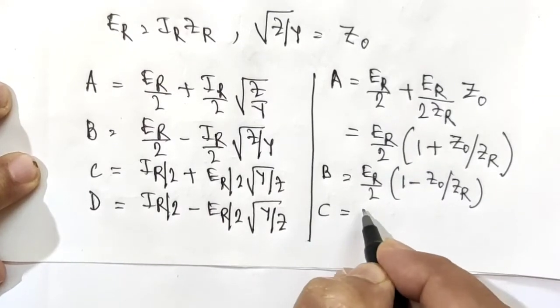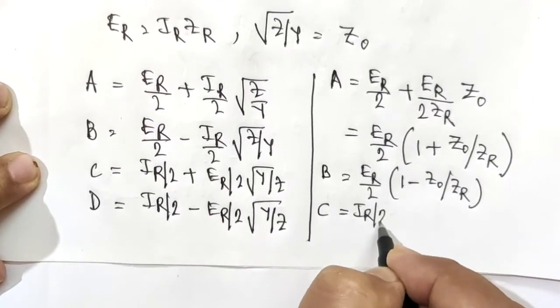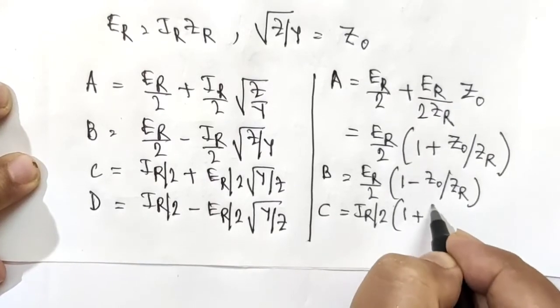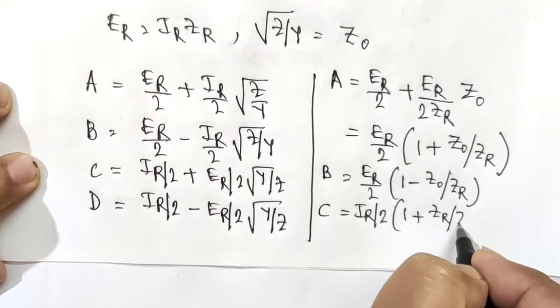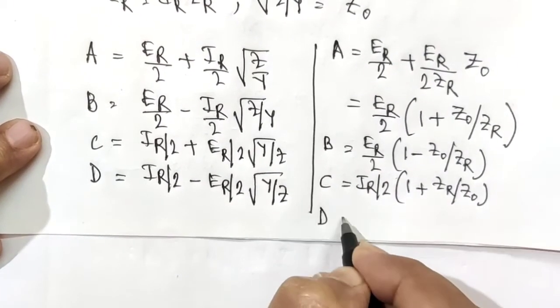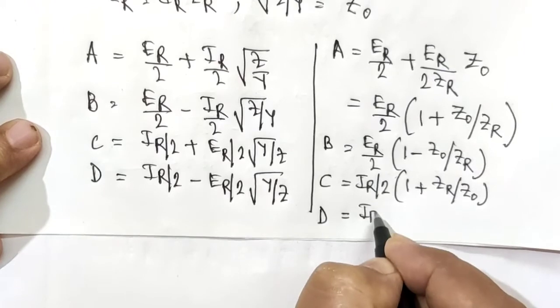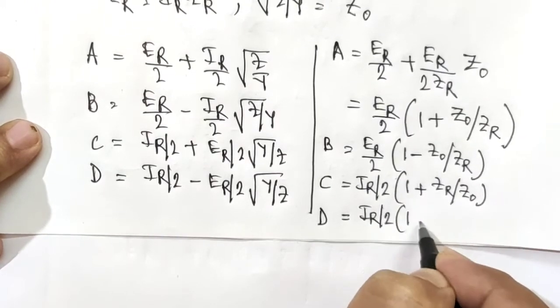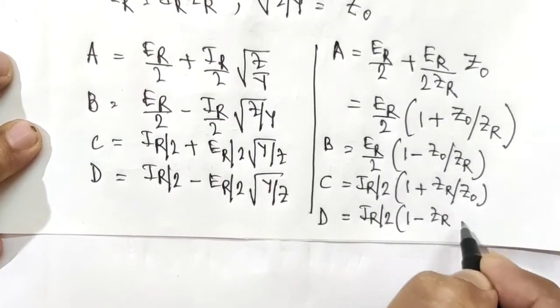Capital C equals IR by 2 into 1 plus ZR by Z0, and capital D can be found as IR by 2 into 1 minus ZR by Z0.